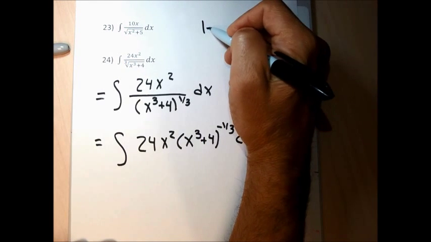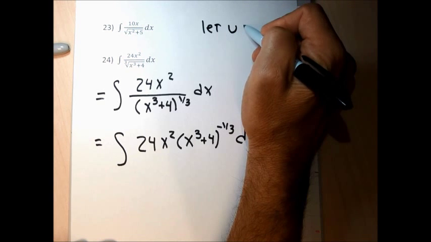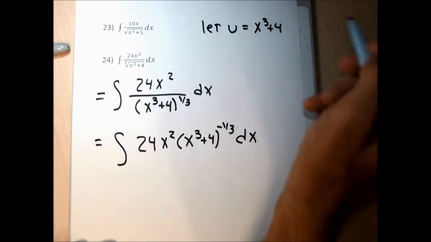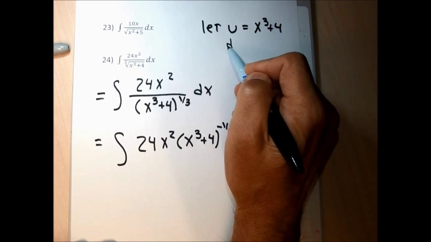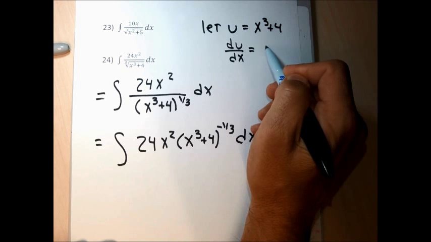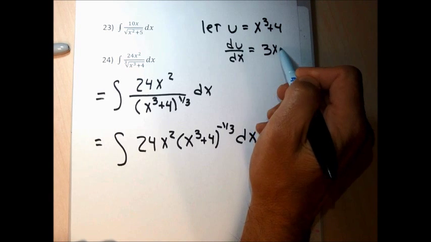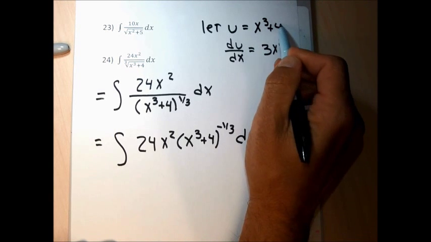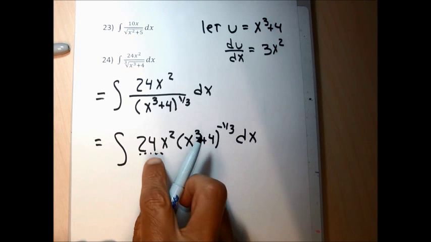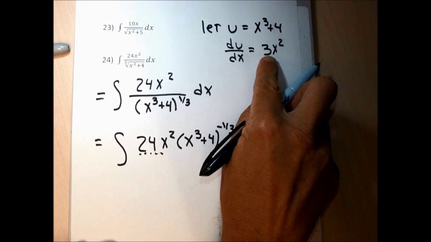So I'm going to let u equal the inside of the parentheses, the x cubed plus 4, then du dx is going to equal 3x squared because the derivative of x cubed is 3x squared, the derivative of 4 is 0. Unfortunately, I want to replace a 24x squared. I have a 3x squared.